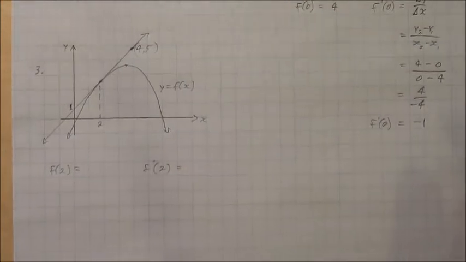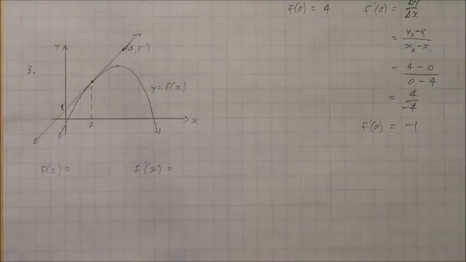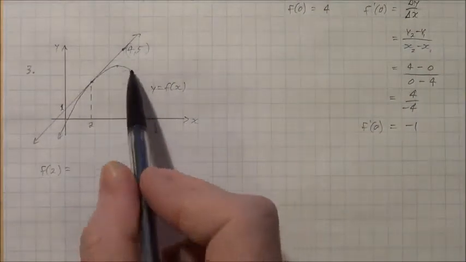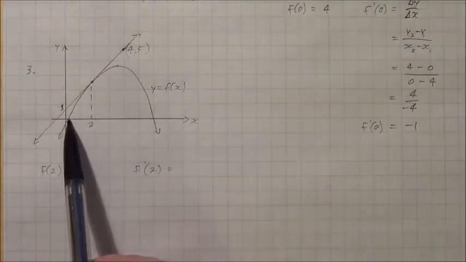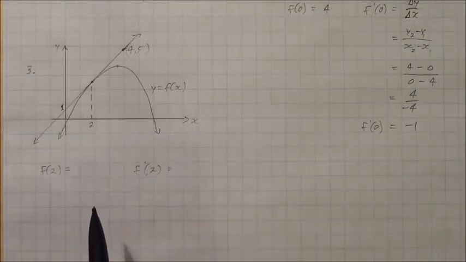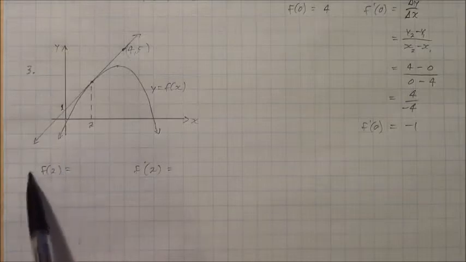Now if we scoot on over to question number 3, the function now is a quadratic. It's opening down, cuts through the x-axis in 2 places here. We want to find f of 2.